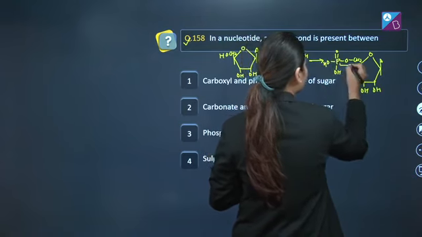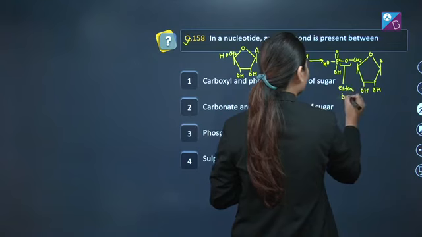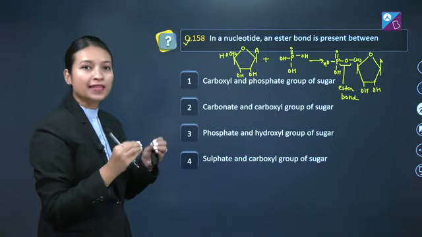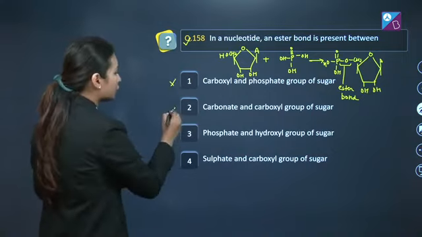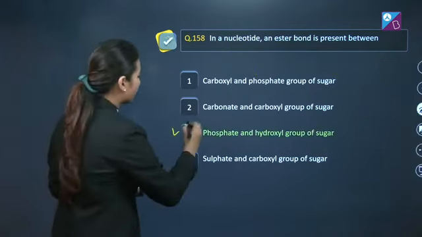So this is ester bond. So here you can see the ester bond is formed between phosphate and hydroxyl group of sugar. So that's why option number 1, 2 and 4 are incorrect, and our correct answer here is option number 3.